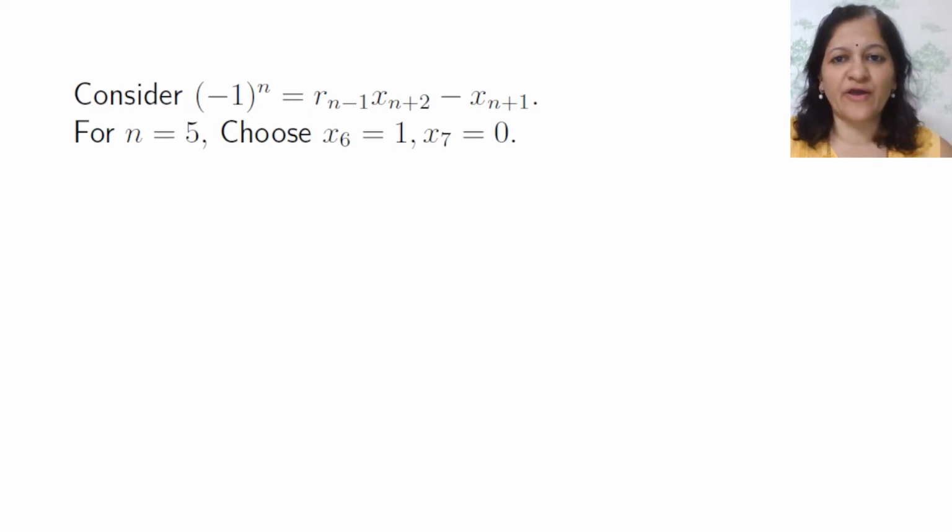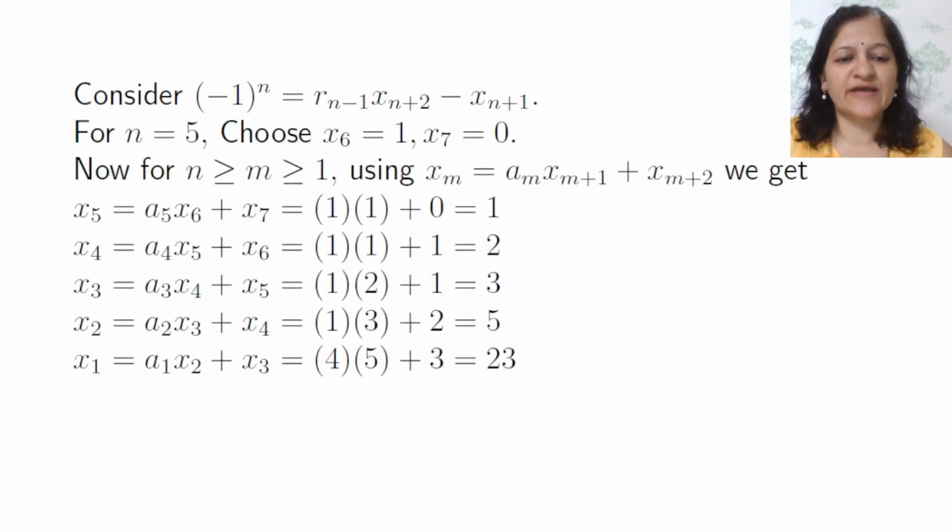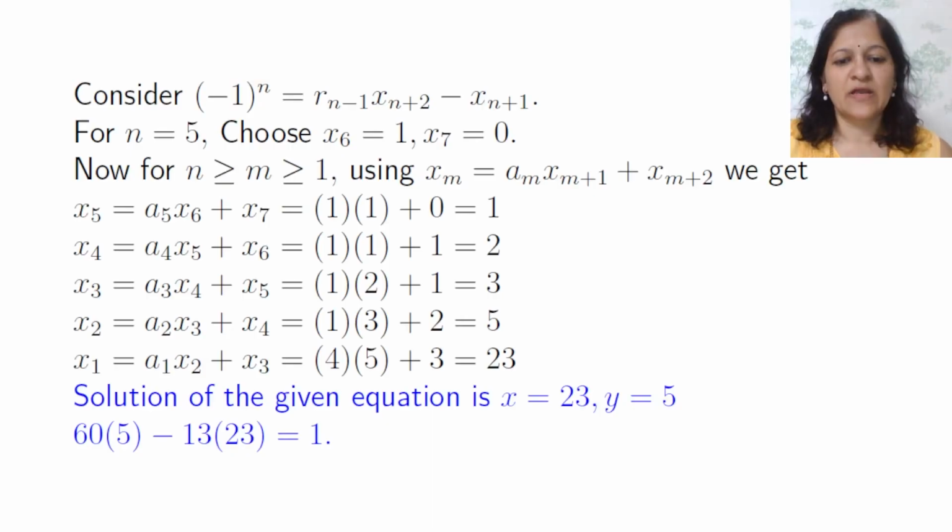Then n equal to 5, which is odd, so we can choose x6 equal to 1 and x7 equal to 0, and then by backward substitution we can find x5, x4, x3, x2 and x1, and now we know that x1, x2 is the solution. So solution of the given equation is x equal to 23 and y equal to 5.